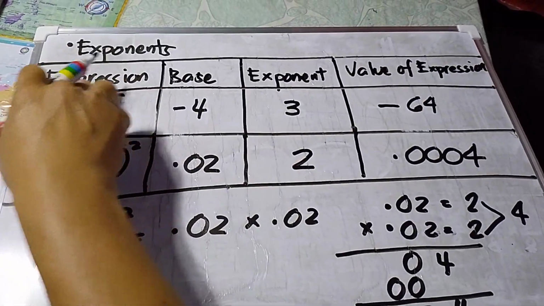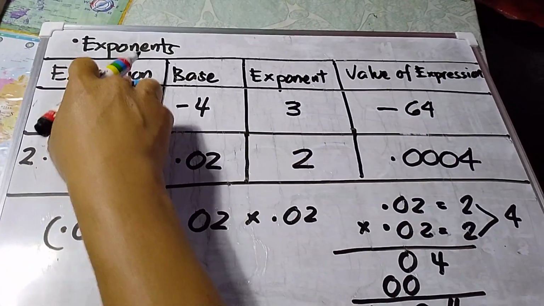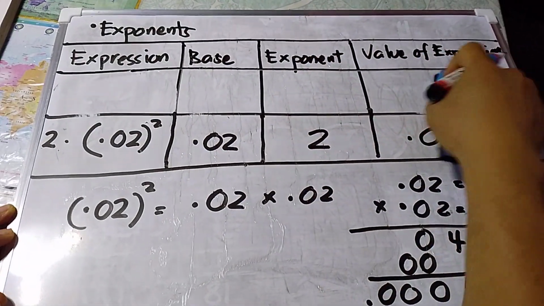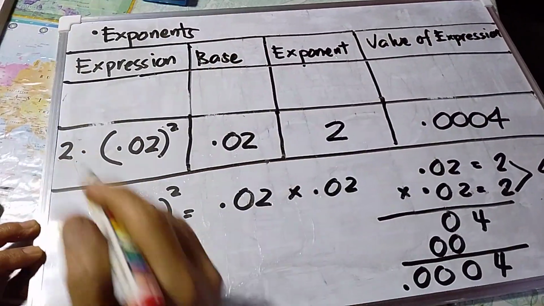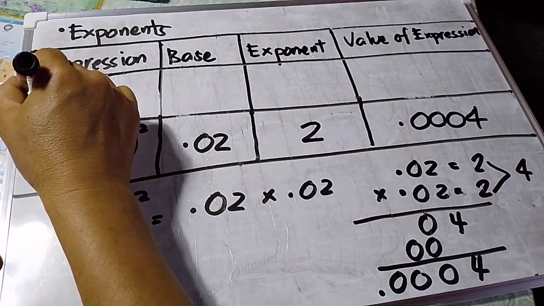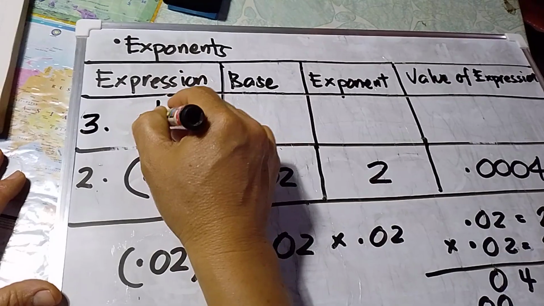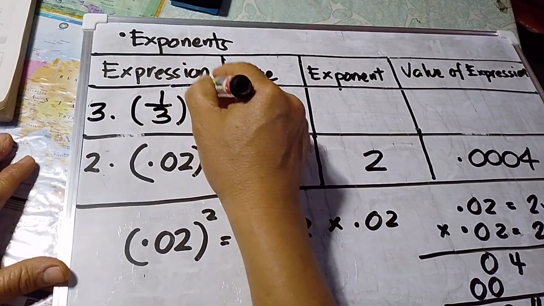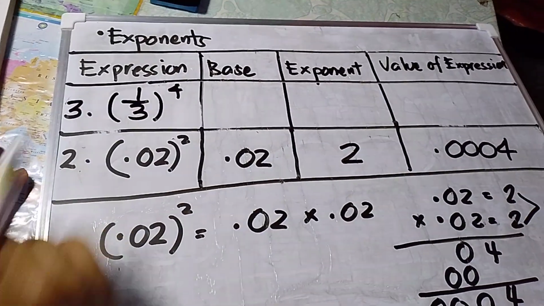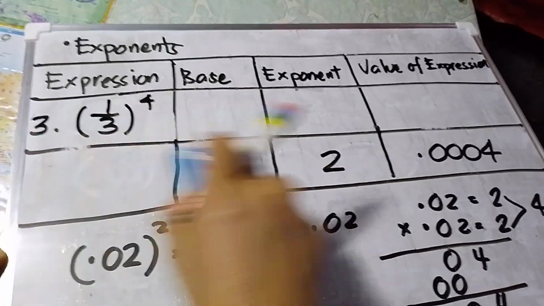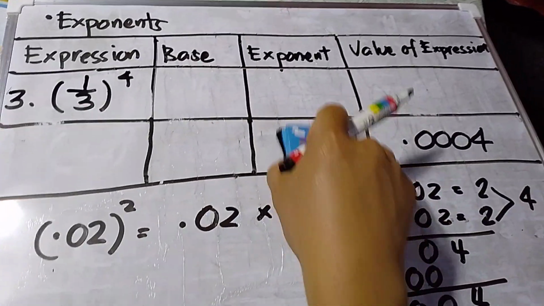Now let's move to number 3. Since we have already a whole number, decimal, and then number 3 will be a fraction. So 1/3 to the power of 4. So I need to erase this one to avoid confusion.